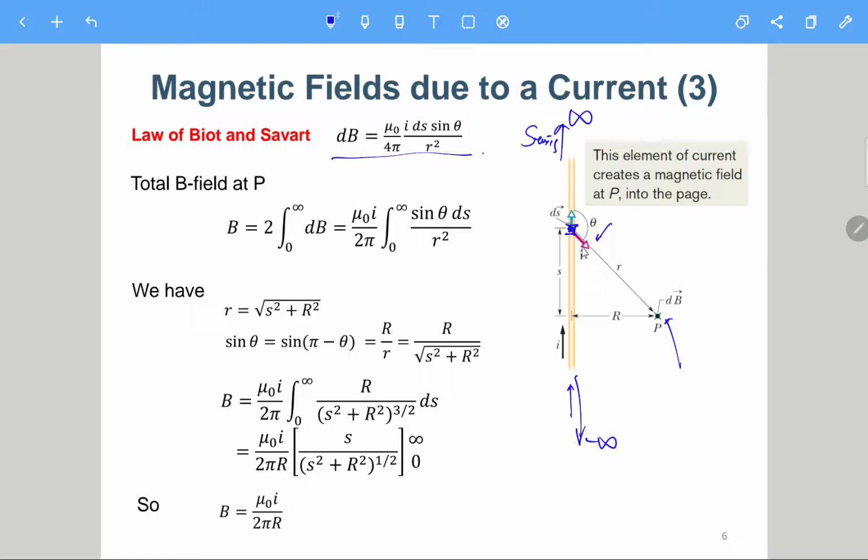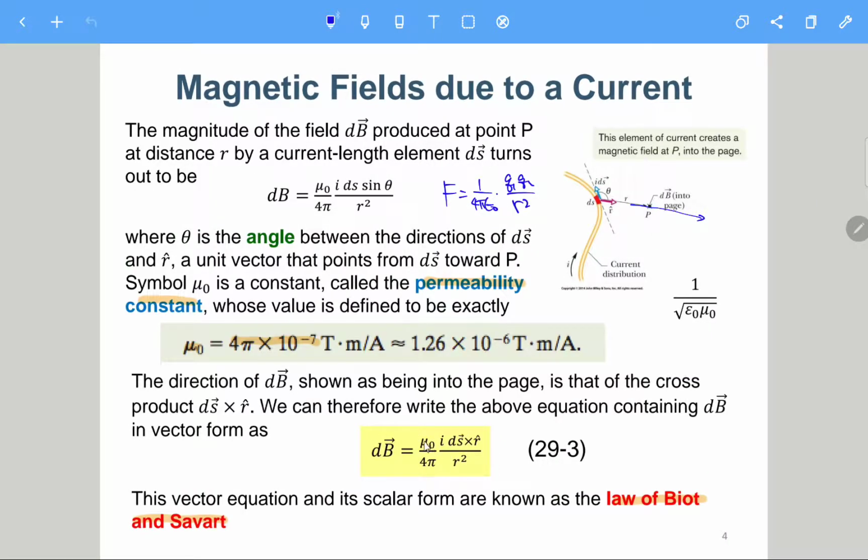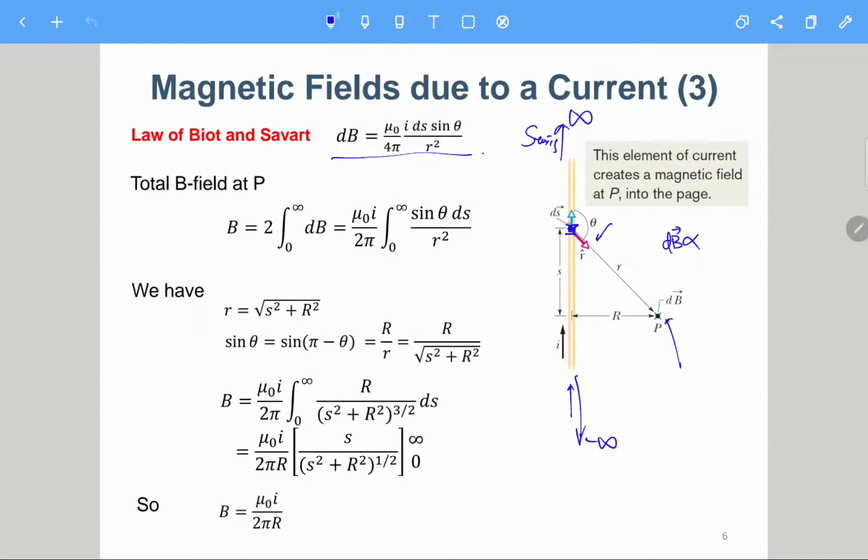So actually the direction of the B field: dB is proportional to ds cross r hat. You can see here, mu 0 is positive, I is positive, r squared is positive, 4 pi is positive. So all these variables are positive, and the direction of dB should be the same as ds cross r hat.